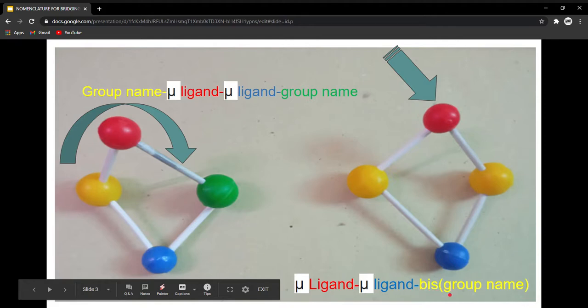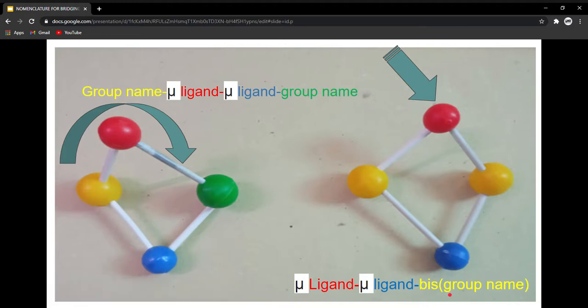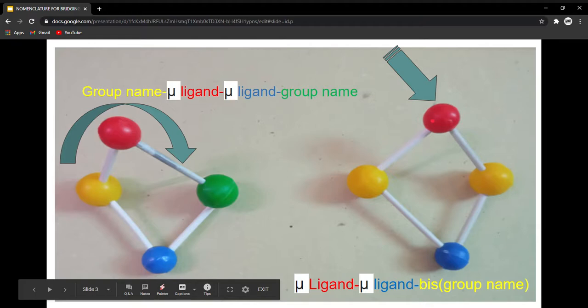And there will be a question while naming: which ligand should I name first, since they are different ligands? That is obvious: it must be given in alphabetical order. Say, for example, these red ones are amido groups, NH2, and this blue one is a hydroxo group.